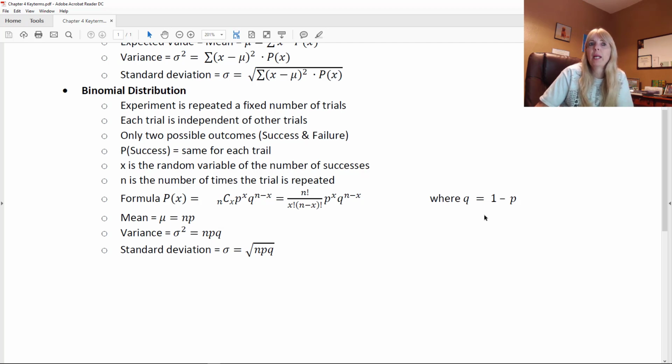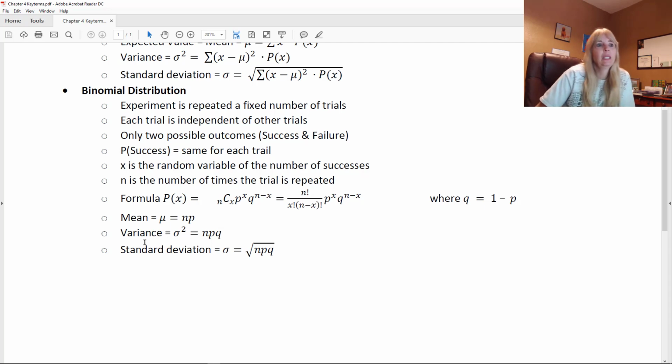So that would be 1 minus the probability of success, raised to the number of failures, which would be the total number of trials minus the number of successes. All right, so we'll have some examples of doing this manually so you can see the formula, but then you're definitely going to want to use technology.